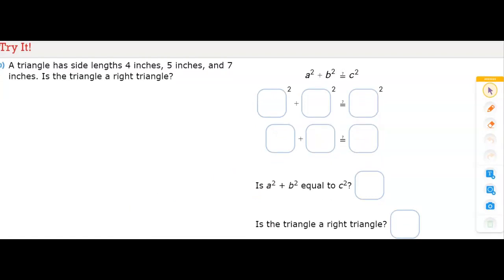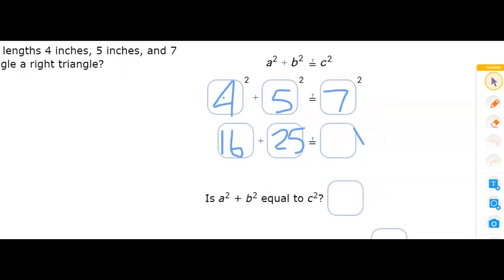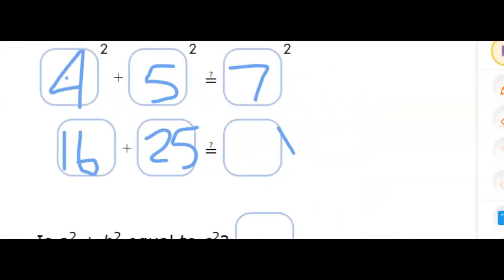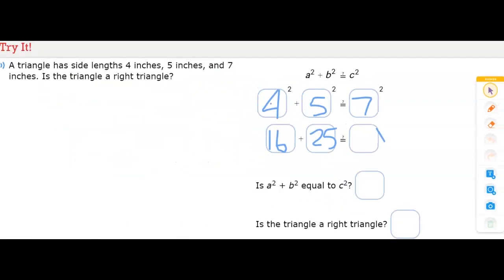If we take the numbers and put them in, we have 4, 5, and 7. 4 squared is 16, 5 squared is 25, 7 squared is 49.